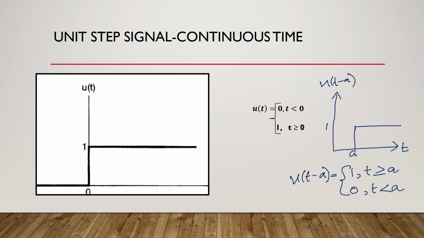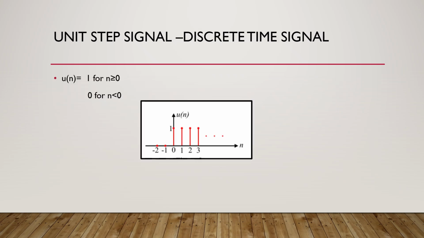Now coming to the discrete time signal. This is u of n with respect to n. For n greater than or equal to 0, the amplitude will be 1, and 0 for n less than 0. Now how can we draw u of n minus k? The u of n minus k will be equal to 1 for n greater than or equal to k. Consider the value of k here.